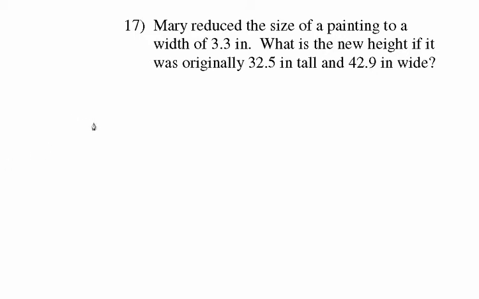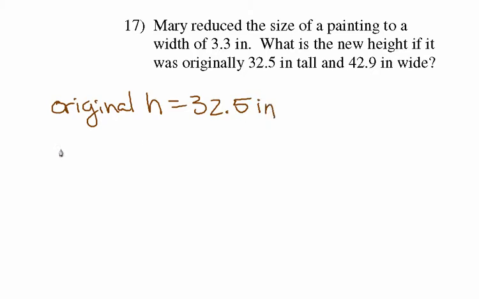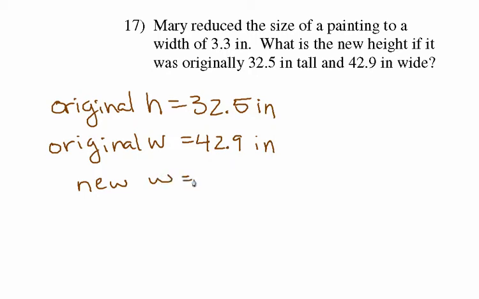So the original height, h, is 32.5 inches, and the original width is 42.9 inches. The new width is 3.3 inches, but the new height is the unknown value, so I'm just going to call that h inches for height.